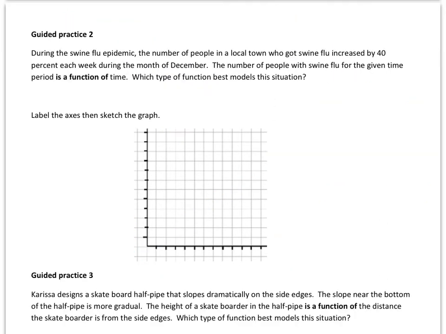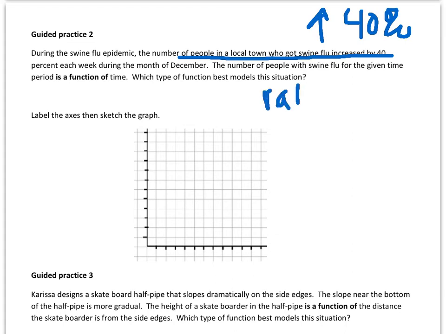So guided practice 2. That deals with some people in a local town who got swine flu, increasing by 40%. If it increased, we can narrow this down to either exponential or linear, because those are the only ones that we looked at so far. Since the difference between linear and exponential is the rate of increase, we know that it's going to be exponential increasing or linear increasing.